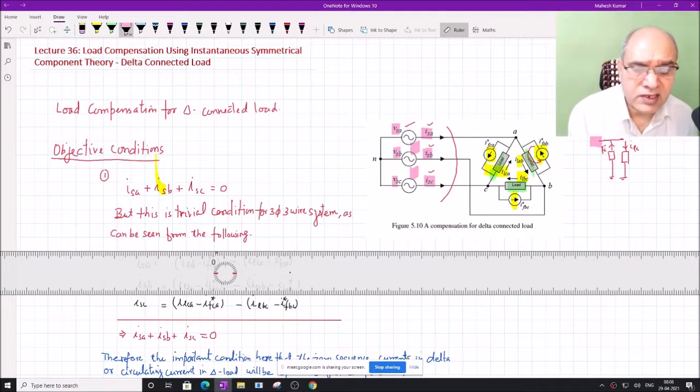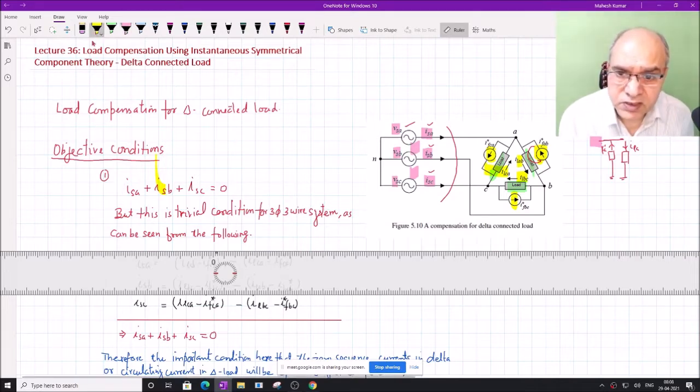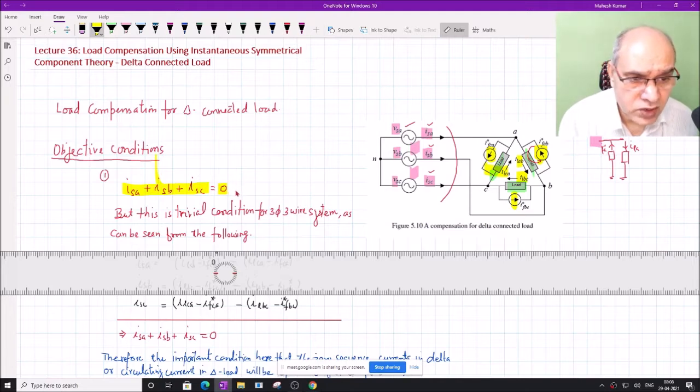The first objective in the previous scheme was that the sum of the 3-phase currents after compensation must be equal to 0. It basically says that there should be no neutral current, and if the frequency is only fundamental sine nature, then it also means that the 3-phase currents are balanced and sinusoidal. Otherwise they are distorted, but the sum is equal to 0.